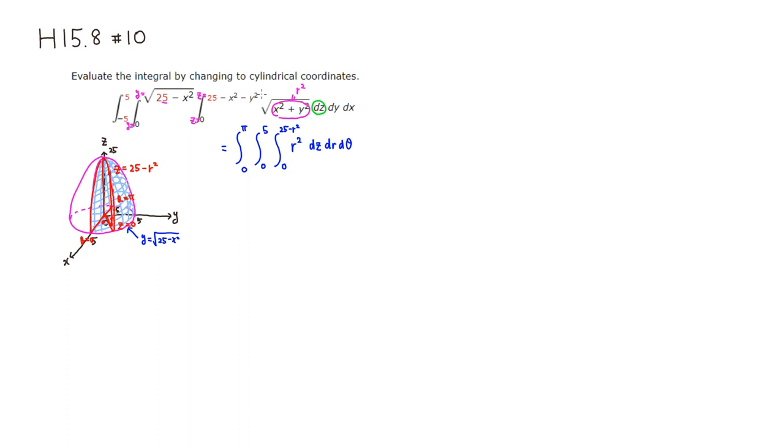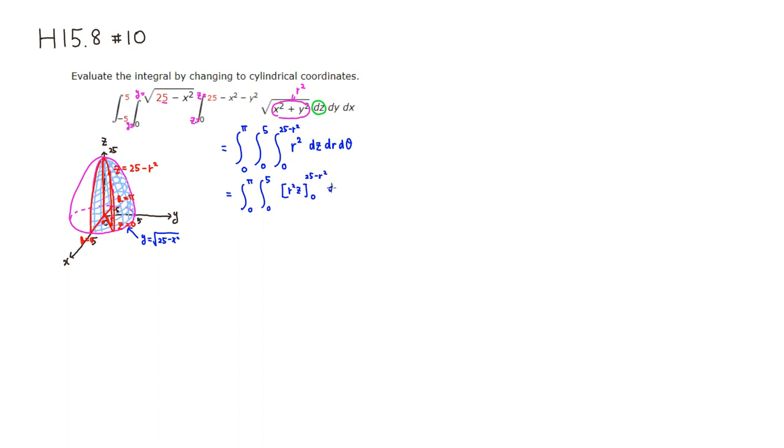So we just have to evaluate it. If you evaluate this, I'm going to leave these first two integrals alone for now. And actually, this is r squared. If you take the antiderivative with respect to z, it's just going to be a constant, so you have r squared times z, going from z equals 0 to 25 minus r squared.